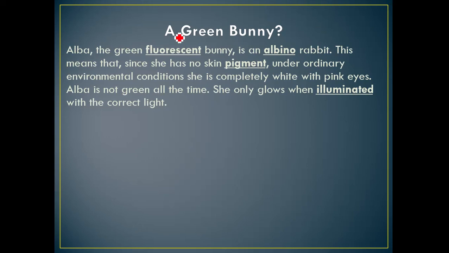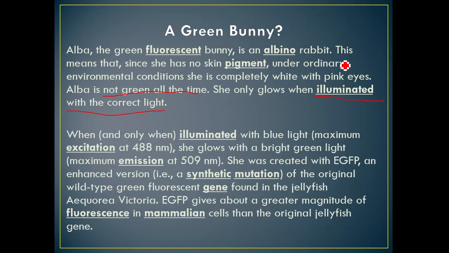Okay, so in my notes, I might put a highlight here, and I might underline this. Illuminated with correct light. When and only when illuminated with a blue light, maximum excitation at 488 nm.